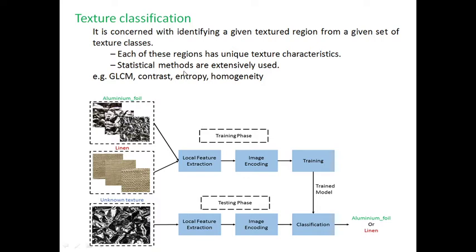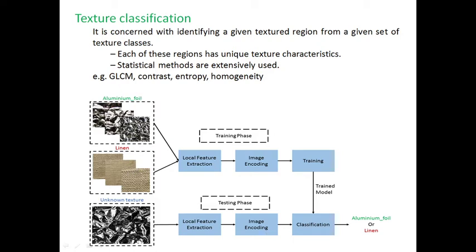Each of these regions has unique texture characteristics, because each has its own texture characteristics, right? The shape you are seeing here gives me some feel, and this image gives me some other feel. That means I can produce two different, unique texture characteristics from these two families of images.